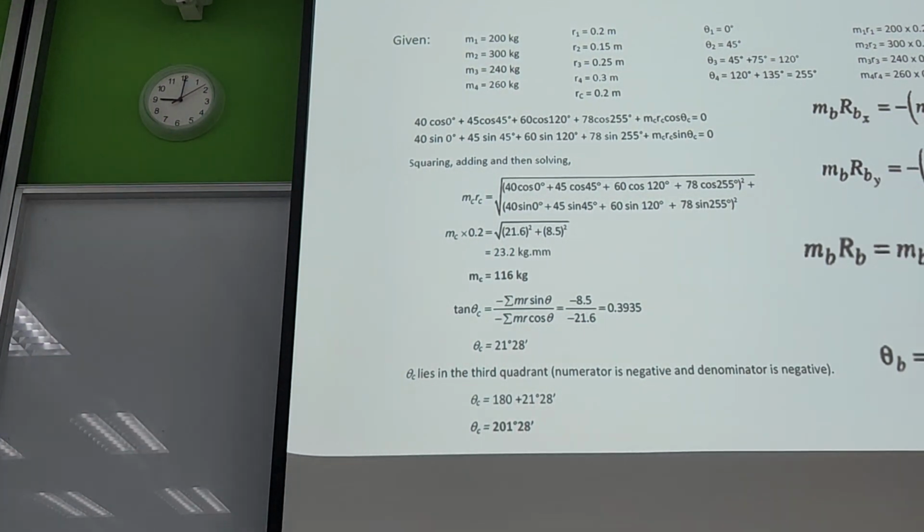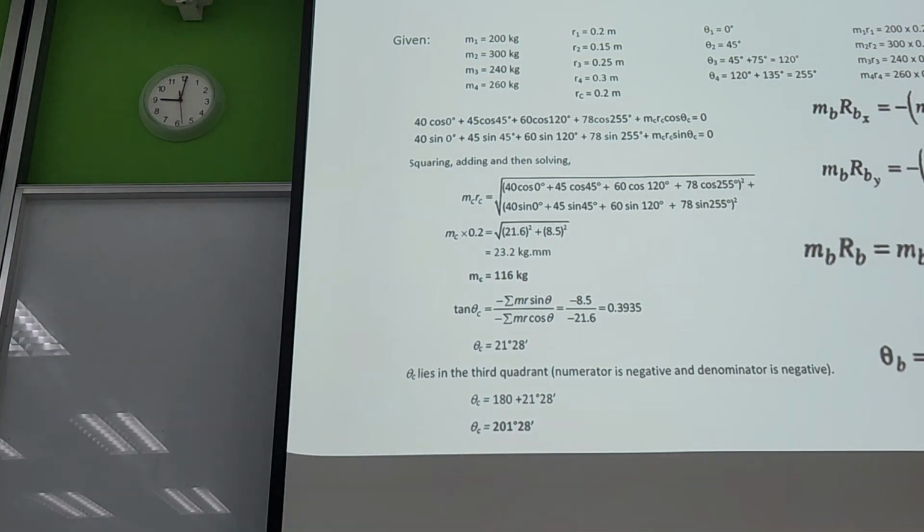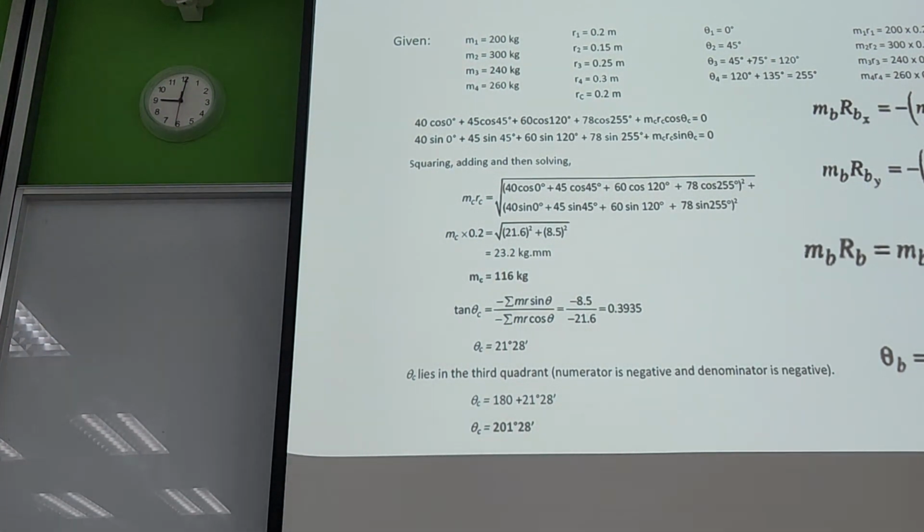Then M4R4 is at 255 degrees. So from the tip of here, okay, 255, this is 180 plus 75. So it will be something like this.